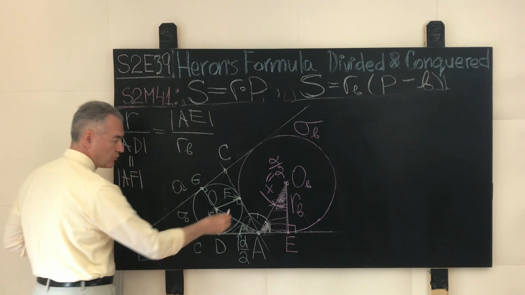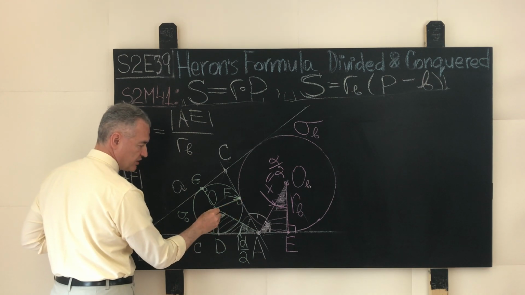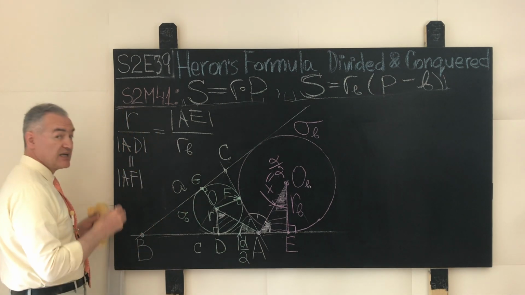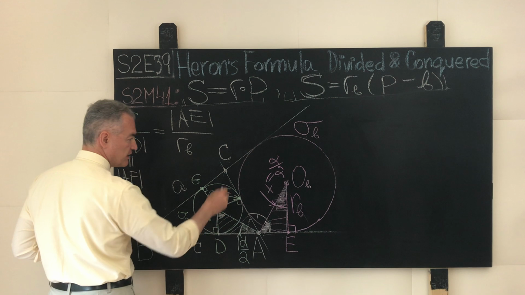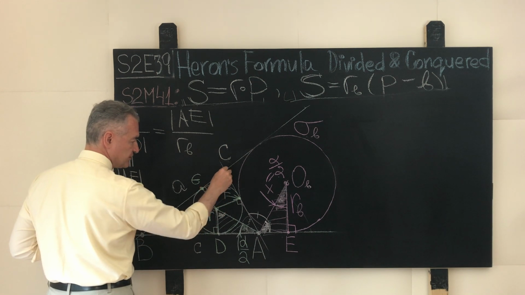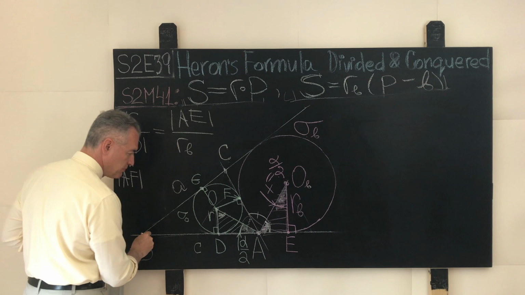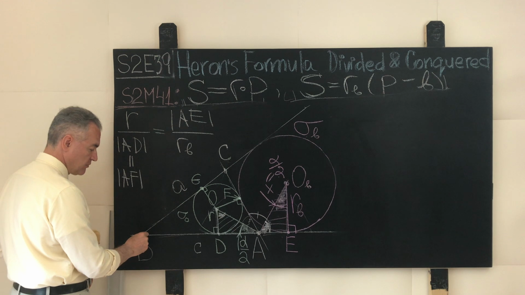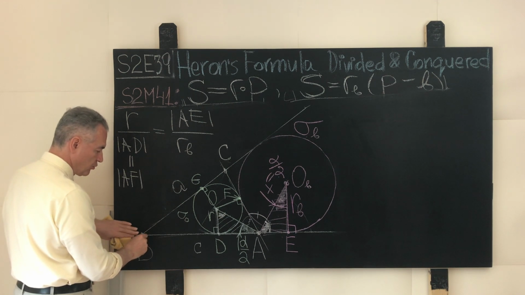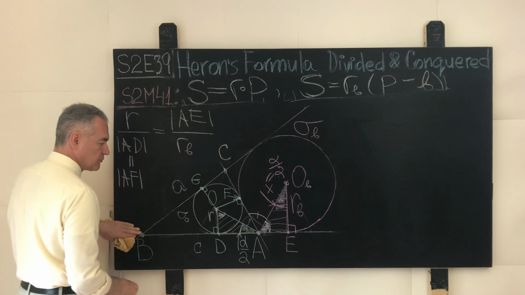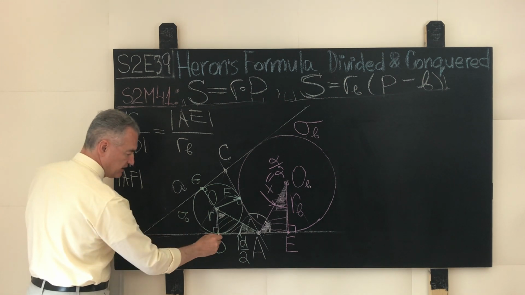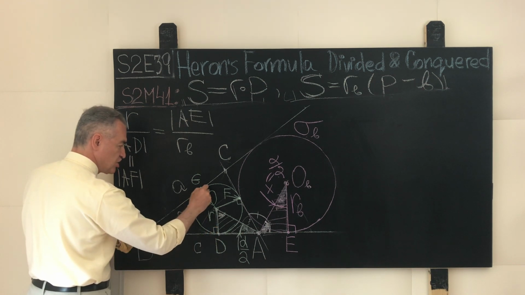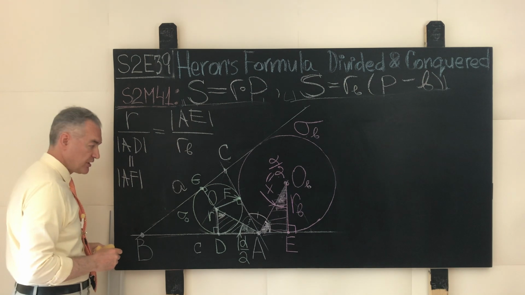So far so good. Don't forget that F is the orthogonal projection of the in-center O onto the side CA. And what else can we say? The exact same things we can say about the line segments CG and CF, and BD and BG. Why? Because all the time the point B is external with respect to the InCircle sigma O, and the line segment BD is the external tangent drawn to one and the same circle through the same point, and BG is also an external tangent.